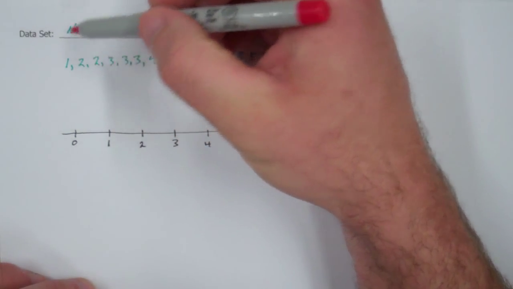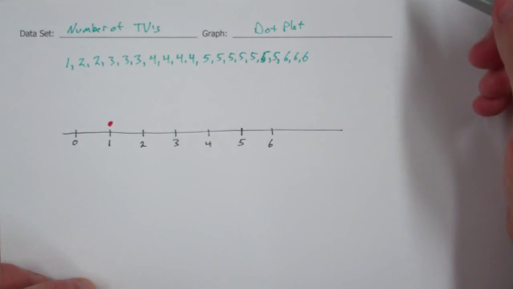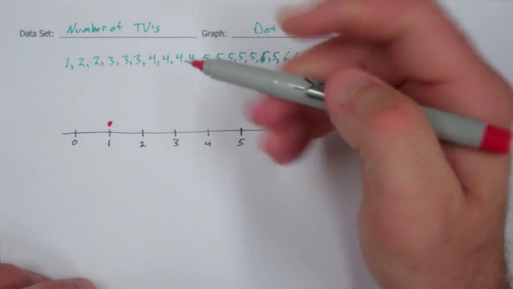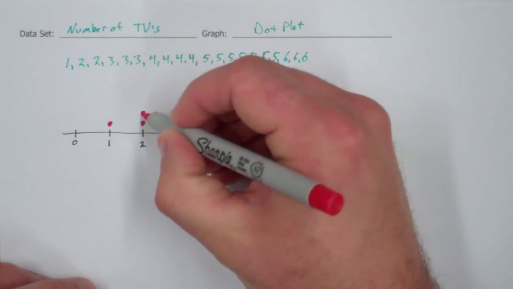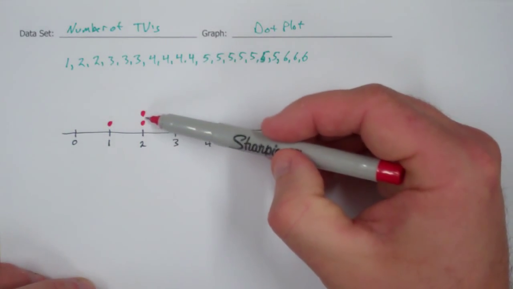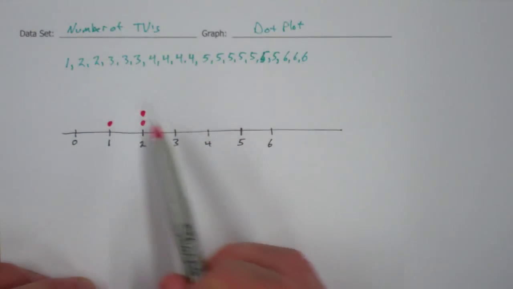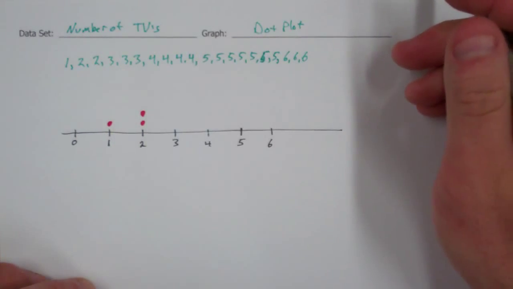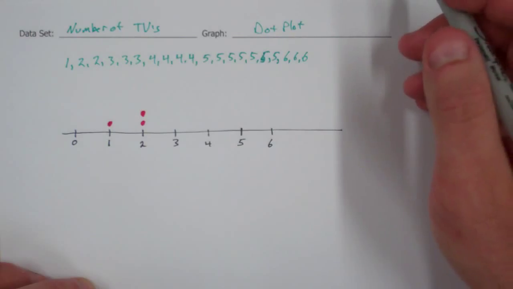So you can see here that only one person has one TV, and so I'm going to put a dot at 1. 2 people have 2 TVs in their house, so I'm going to do 1, 2. I'm going to try to keep these dots equally spaced apart, and especially in each row we need to keep them equally spaced apart. If we squish them in, it won't really give us a good look at the data.